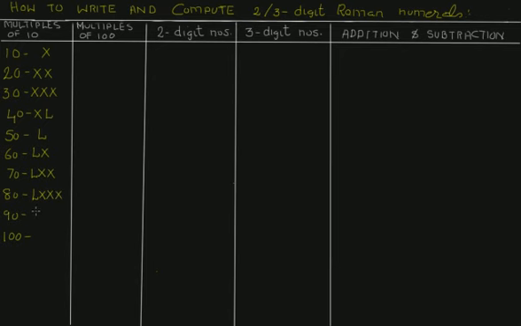And then you have the X and the C. What does the C stand for? 100. 100 minus 10, you get a 90. And finally, we have the C over here. So you get it, kids? So again, 10, 20, 30, 40, 50, 60, 70, 80, 100 minus 10, 90, and 100.